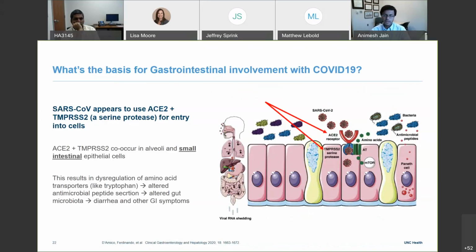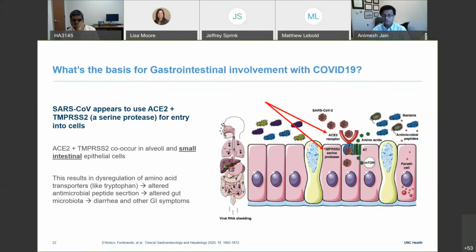And there's a schematic of that shown in this little diagram on the slide, showing an example of the enterocytes that are expressing ACE2 and TMPRSS2. Co-expression of both of these receptors occurs in the alveoli, hence the pulmonary involvement, but also appears to occur in significant levels in the small intestinal epithelial cells, which is why we think the virus can actually get into the GI tract and cause GI involvement.